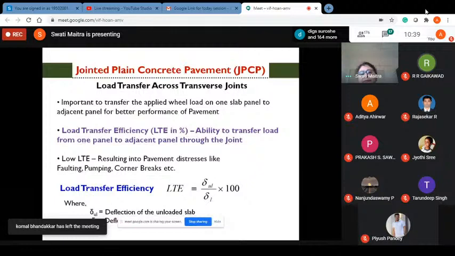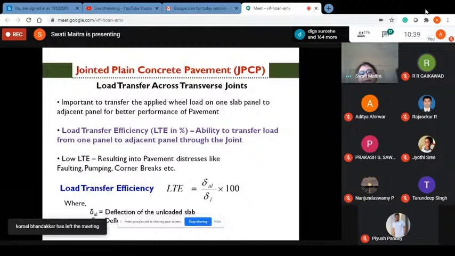This is the guideline for the design of rigid pavements for highways. I will discuss the salient features of IRC 58, not the entire design procedure, but what the considerations are and what the basis is for these considerations. Now in India, we have a typical jointed plain concrete pavement.